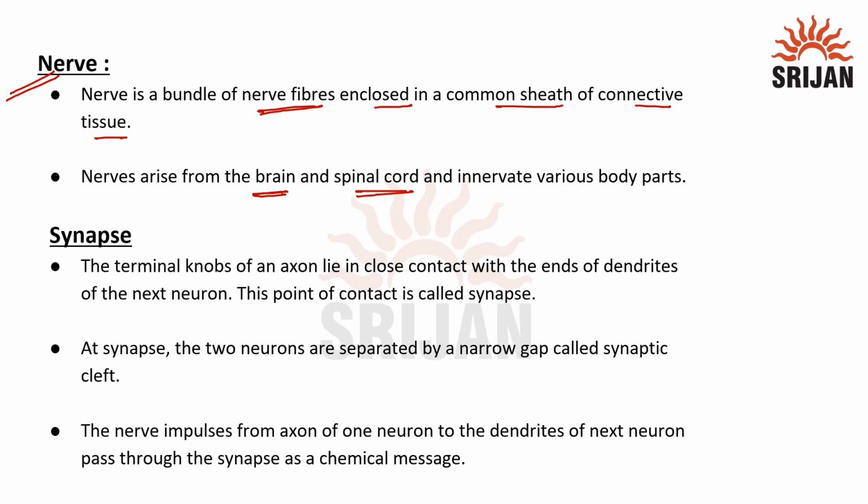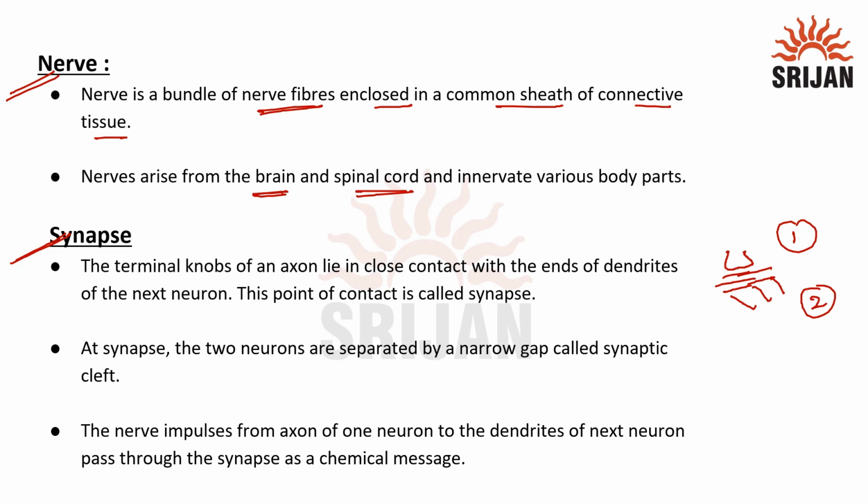Now talking about the next thing, which is called the synapse. The synapse is the space between two neurons. For example, if this over here is the knob of the first neuron, and here are the dendrites of the second neuron, then this space in between them would be referred to as the synaptic cleft.